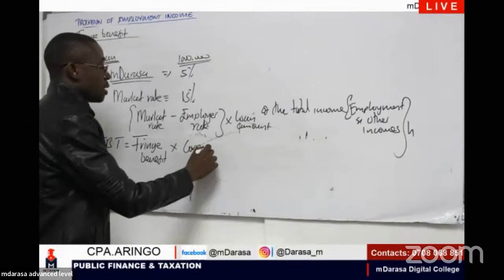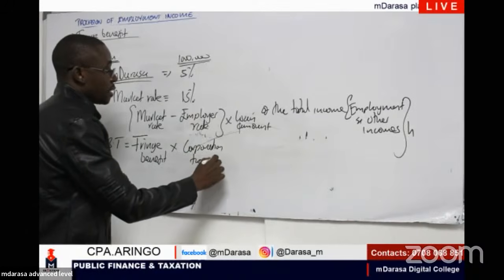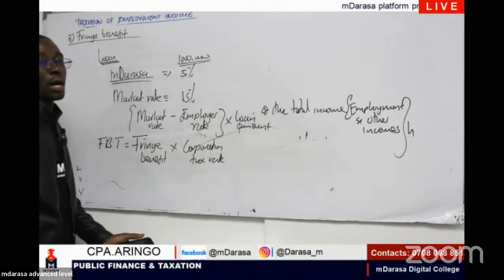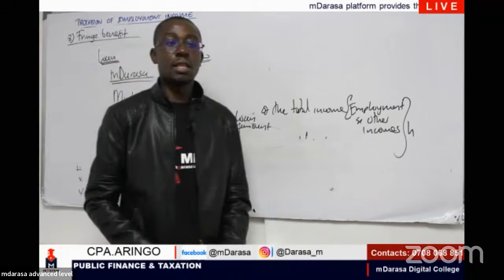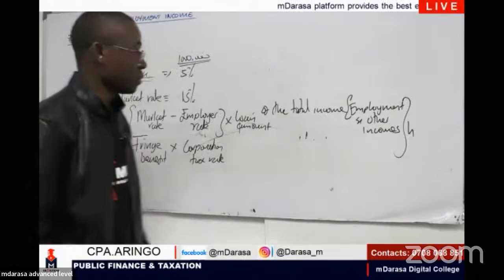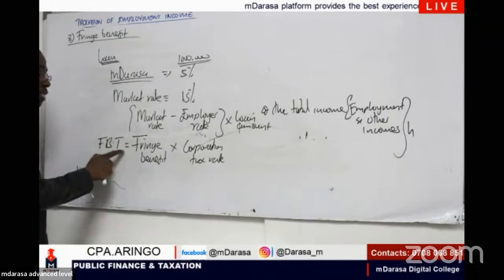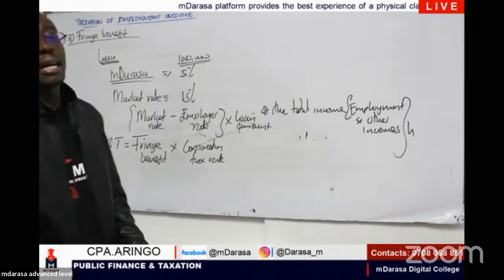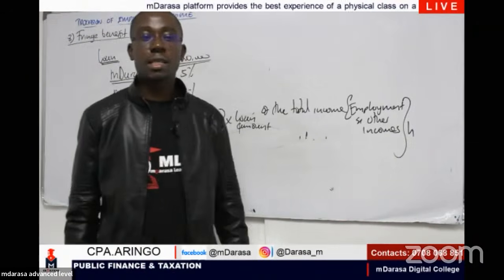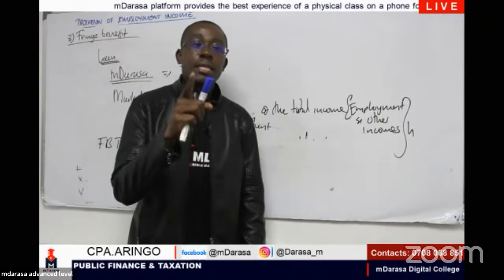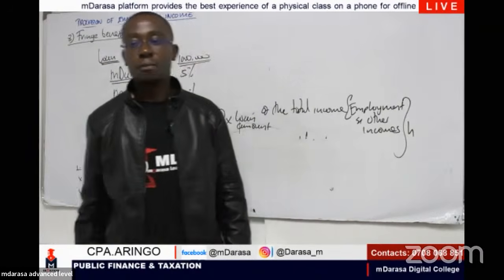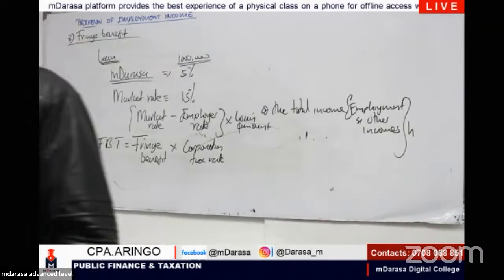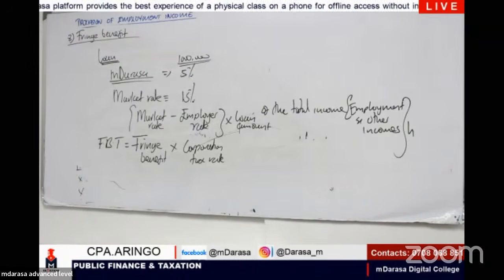That will give us our fringe benefit tax. So fringe benefit tax is the fringe benefit times the corporation tax rate, and we've agreed it is taxed on the employer. Very vital information that you guys are having.